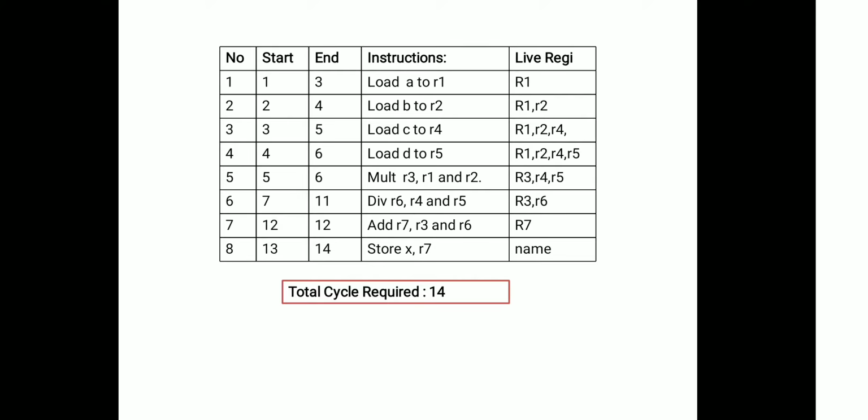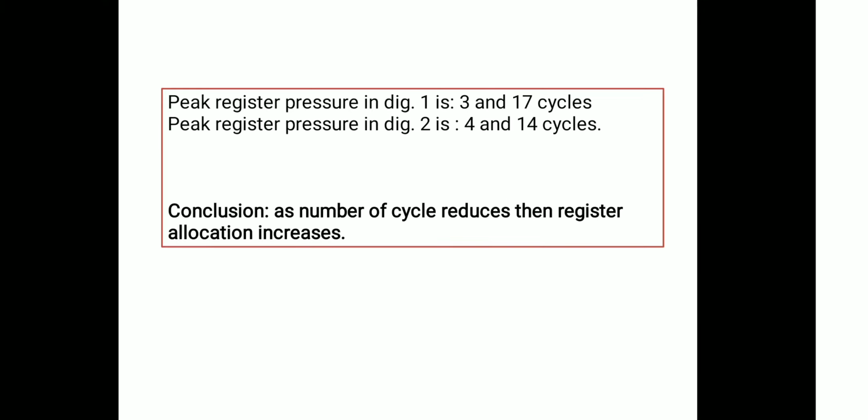Then again 3, then 2, then 1, and then 0. When we change the instruction ordering, the total cycles required is 14. So the total cycle count changes, and your program executes much faster. But the drawback is that it requires a large number of registers. The maximum register pressure is 4 here.